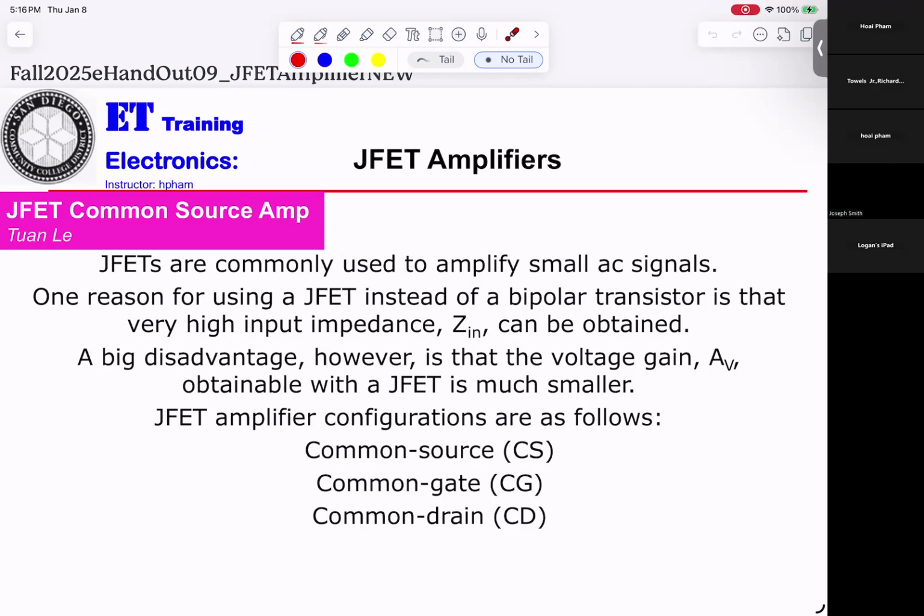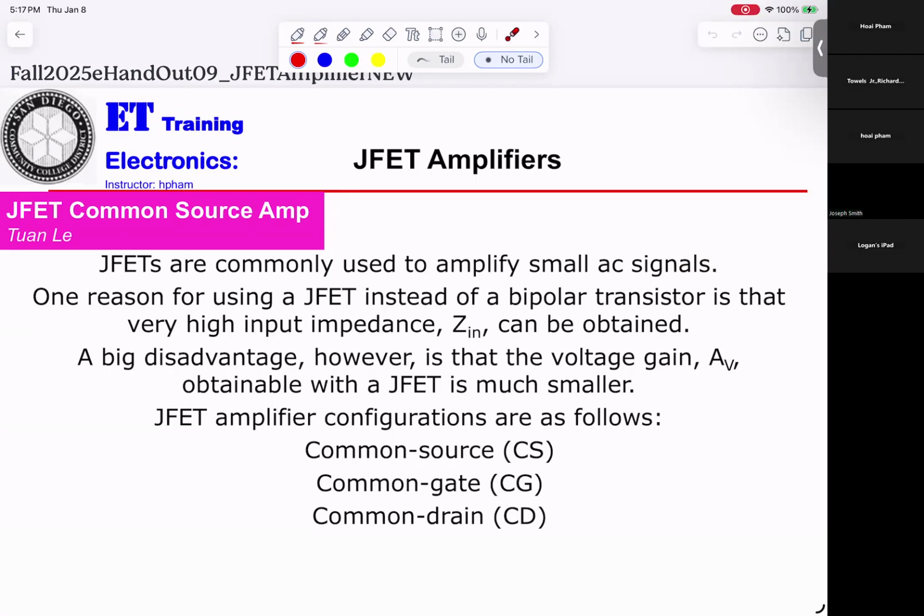If you understand those amplifiers, they're not a big problem for the JFET amplifier. They will be almost the same, just a minor difference. First thing, JFET is commonly used to amplify small AC signals.